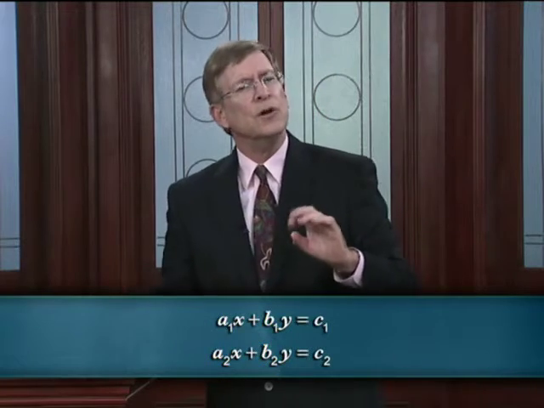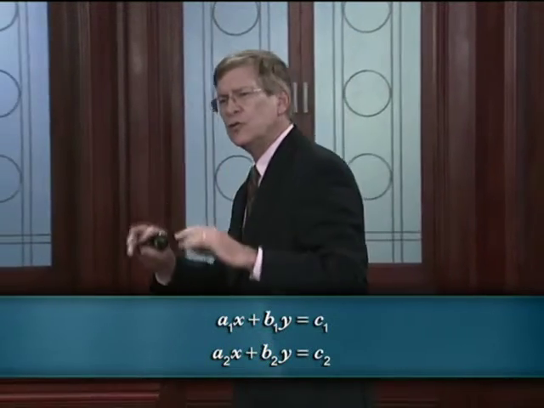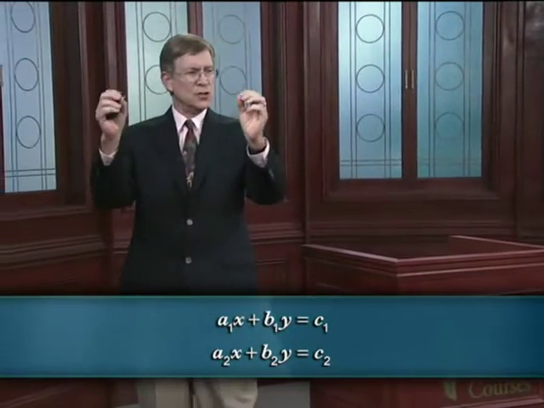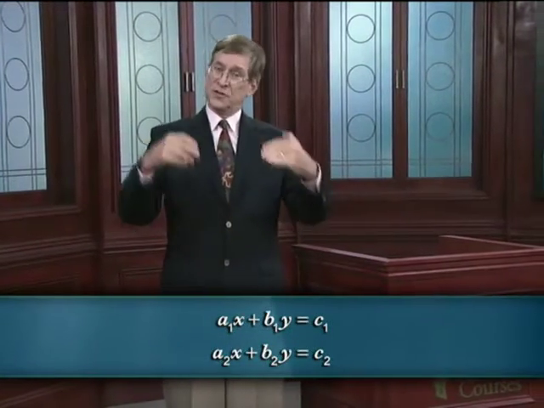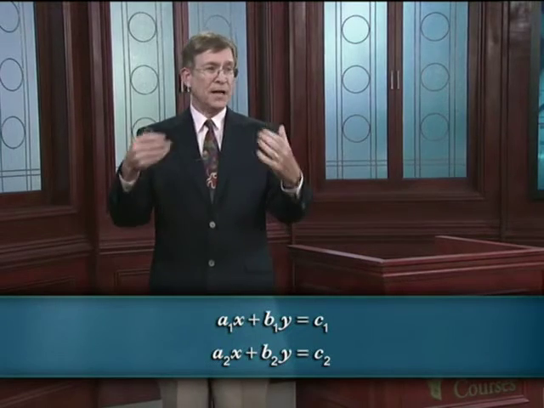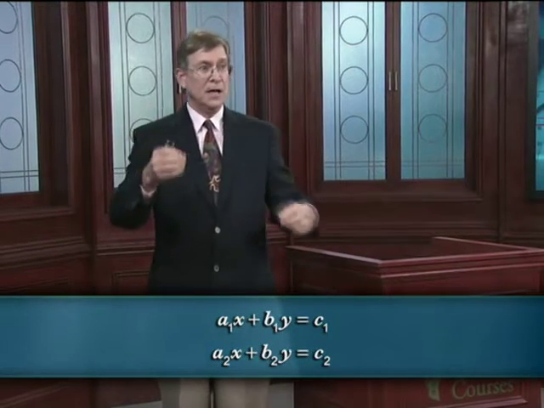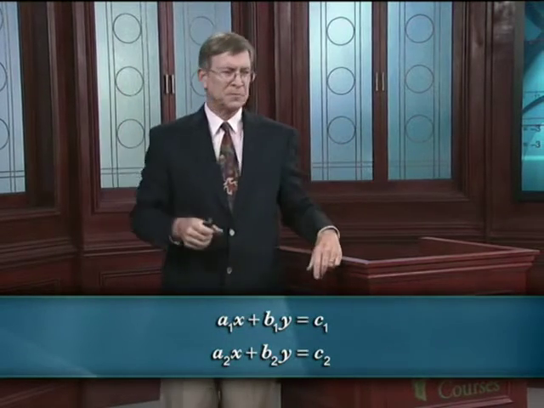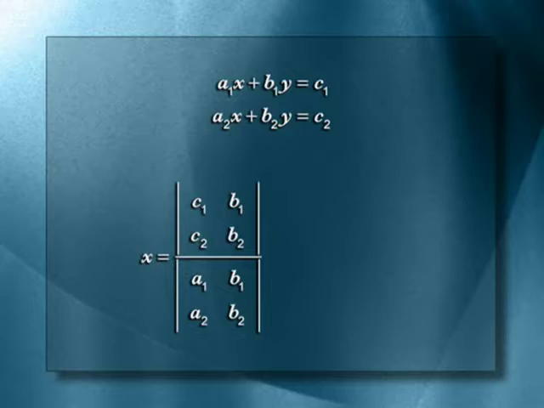Sorry to use some new notation on you, but it's easier to explain this way. So there's a system of two equations, two unknowns. What's the game? It's the usual game. Find x and find y. The a's, the b's, and the c's would be given to you. They'd be numbers.